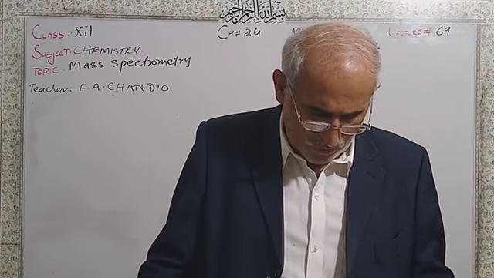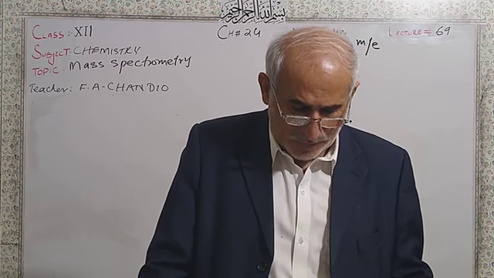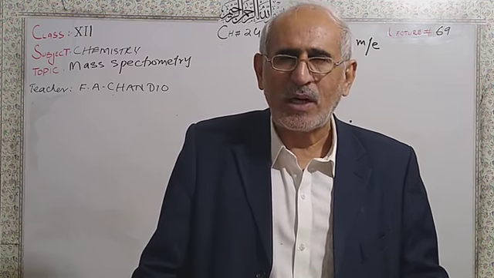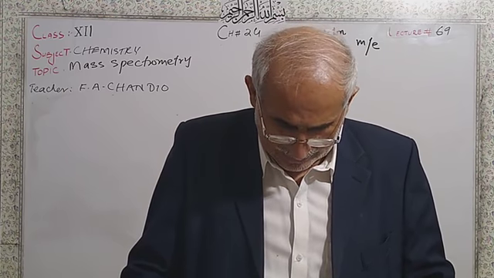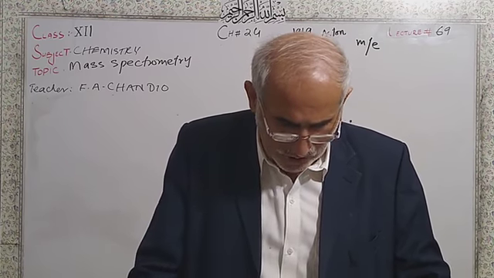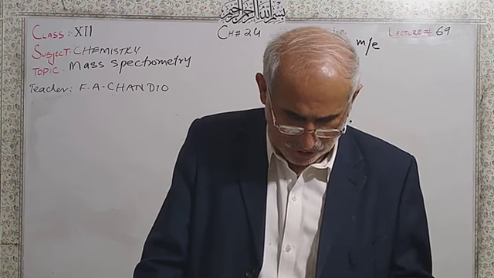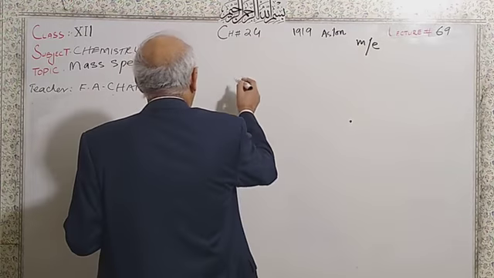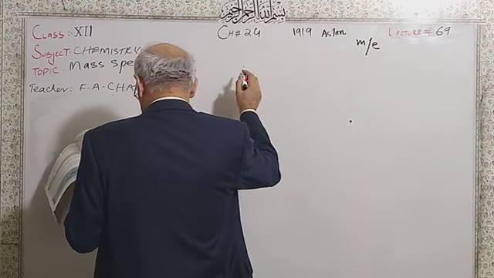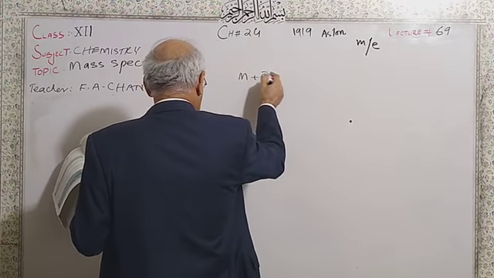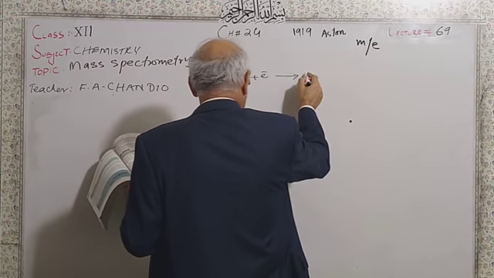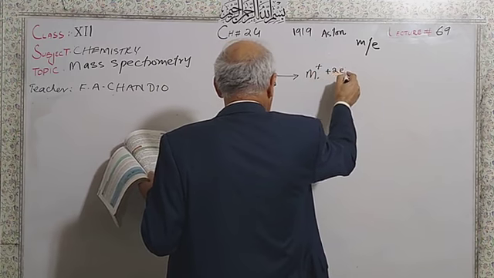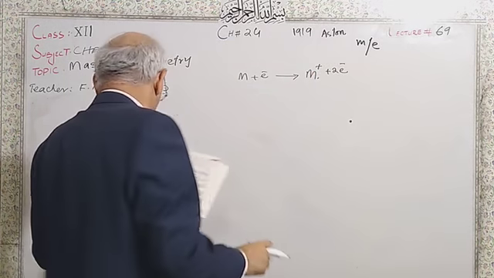The molecular ion produced in this primary process is a radical cation. It has an unpaired electron and a positive charge. Unpaired electron. So this is the molecular ion. This is the charge.